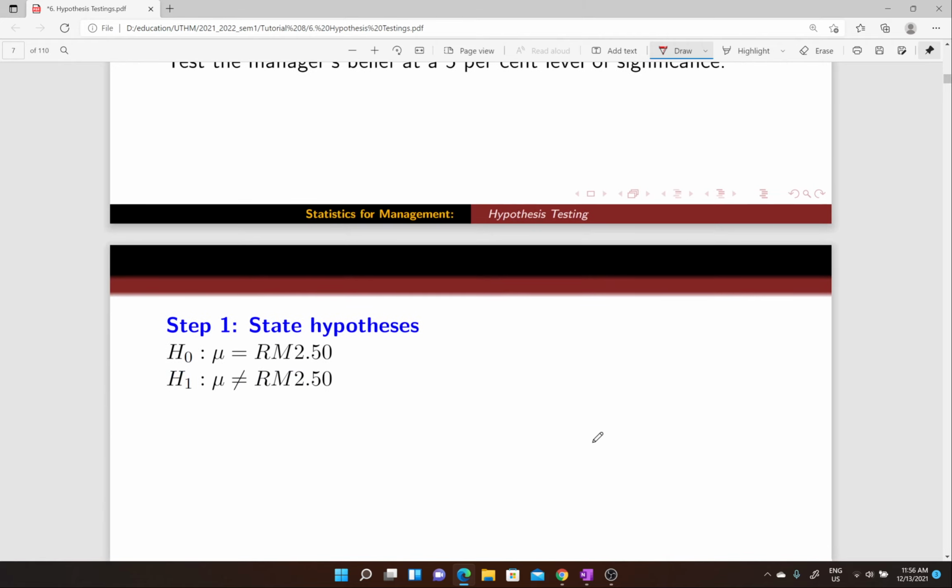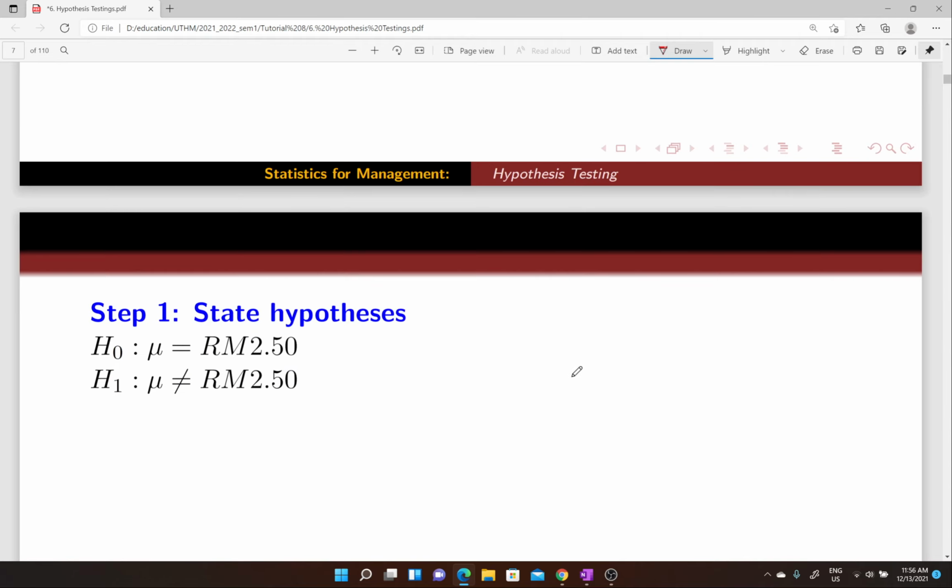Now, first of all, step 1, state hypothesis. The null hypothesis is denoted by this. Always remember, the null hypothesis is always equal: put the population mean equal to some number. The population mean given there is 2 ringgit 50 cents. The alternative hypothesis you can write as not equal, greater or less than, depending on the question.